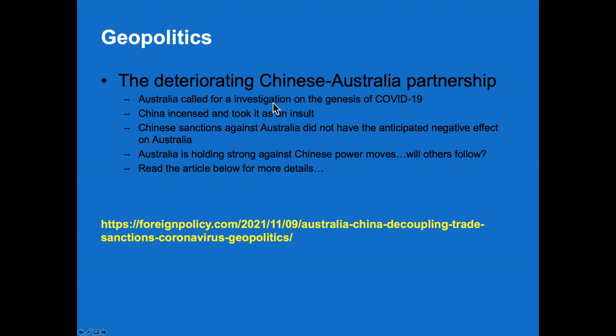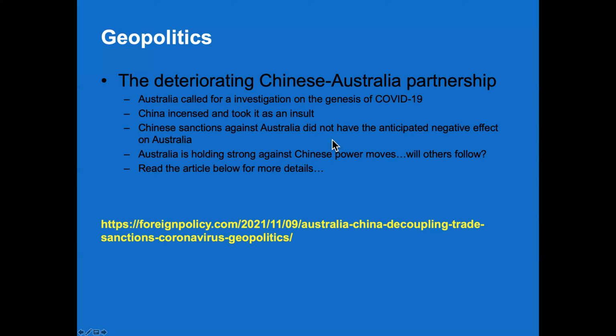Australia called for an investigation of the genesis of COVID, which really upset China. And China went ahead and put all kinds of economic sanctions on Australia, which frankly didn't have the effect they wanted. Australia is holding strong, and it'll be interesting to see what others do.